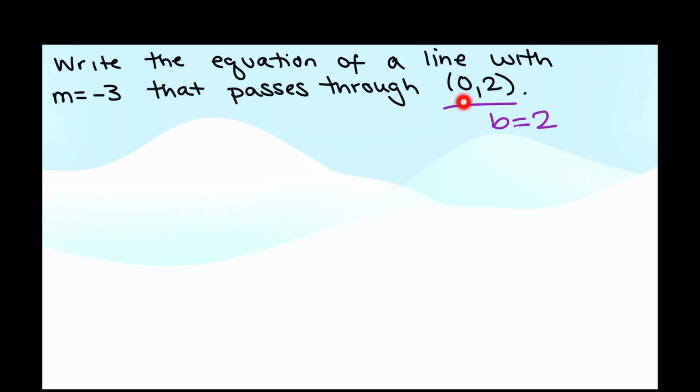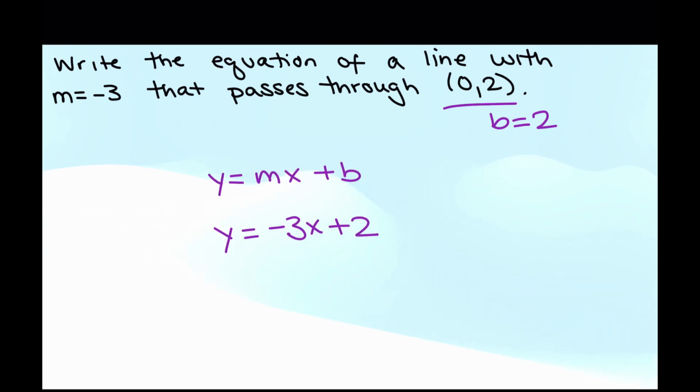When x is 0, the number that goes with x equals 0 is always your y-intercept. So we actually know both the m and the b, and we can just plug that directly into our slope-intercept form. Y always equals mx plus b. If the m is -3 and the b is 2, that turns into y equals -3x plus 2. That would be the equation with a slope of -3 and a y-intercept of 2.